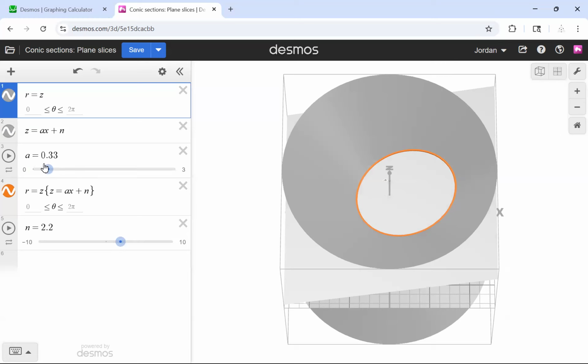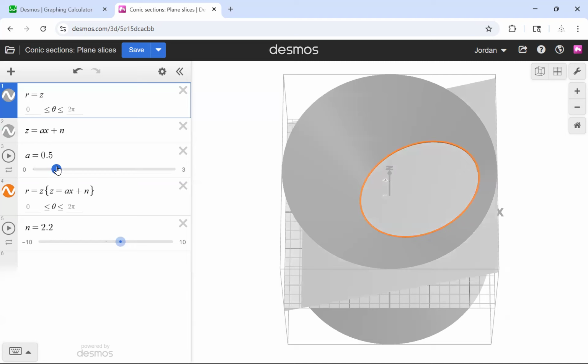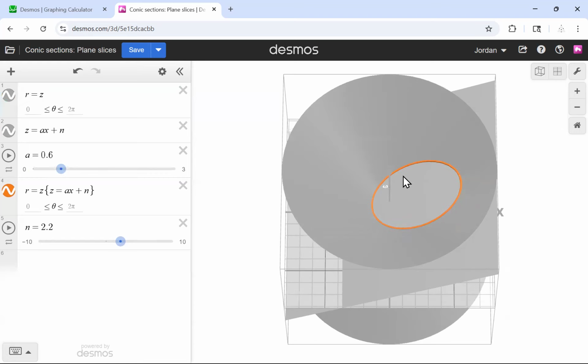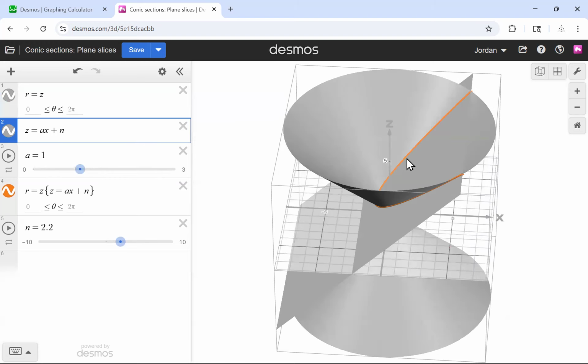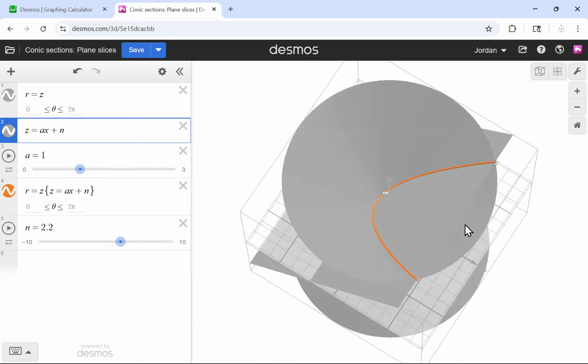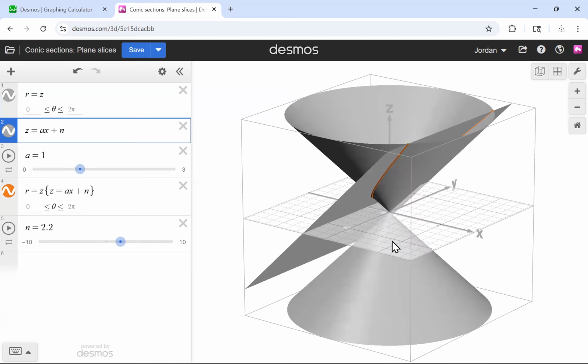Notice that here I have the slope of 0.33, and that ellipse keeps getting longer and longer and longer until I hit a slope of 1. And when I hit a slope of 1, that's where I end up with the parabola.